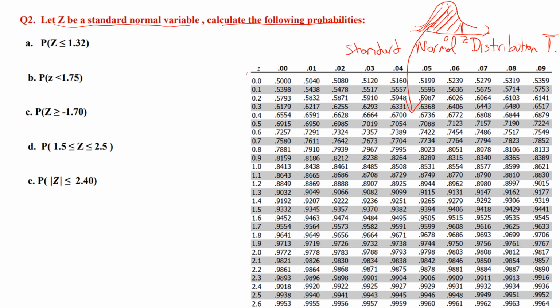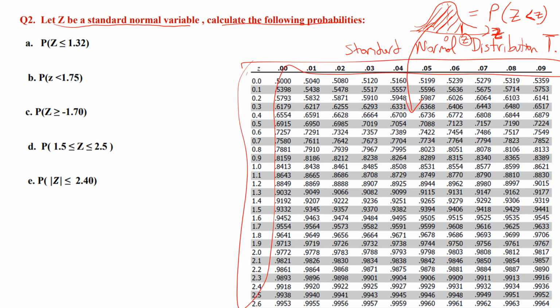So this area is equal to the probability or the percentage of data which has this property: big Z is less than little z. Big Z is the variable and little z is this number here. And this little z corresponds to the numbers here, if you remember.